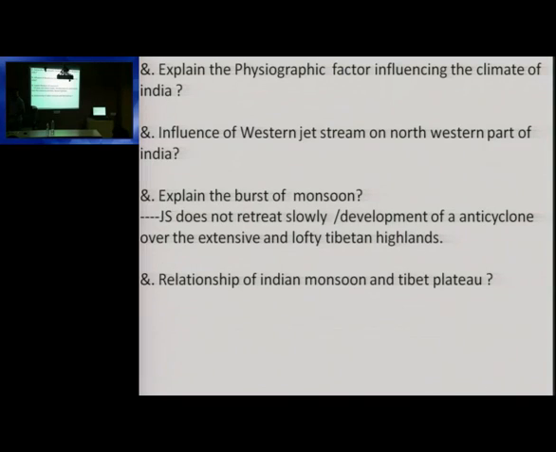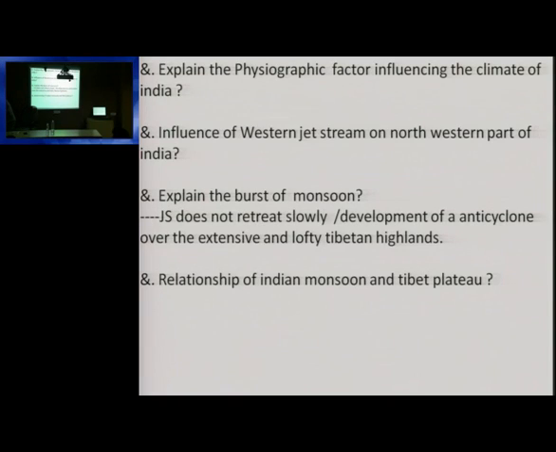So this is how, you know everything, but it is just the formation of a question. If they ask you what is the physiographic factor influencing the climate of India? Aravalli. Suppose the Aravalli were not oriented like this, but like this, Rajasthan wouldn't be a desert. There wouldn't be any Thar desert, because of the obstruction of the southwest monsoon rainfall, but because of its orientation.